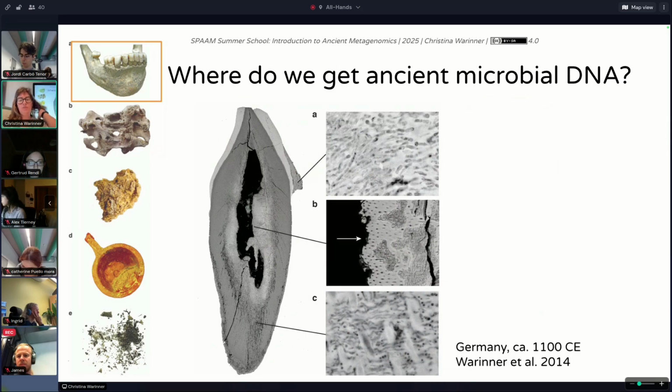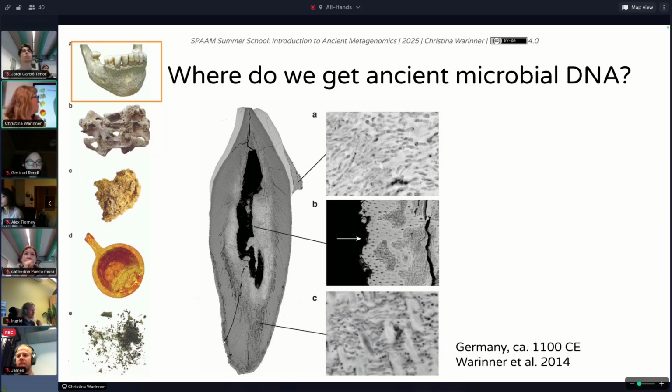What you can see here from this cross-section of a tooth is from a woman who died about 900 years ago in Germany at the site of Dalheim. You can see a close-up, a scanning electron micrograph of her dental calculus, and you can actually see these little microbes frozen in time. They calcify so quickly that they just become entrapped in this matrix.